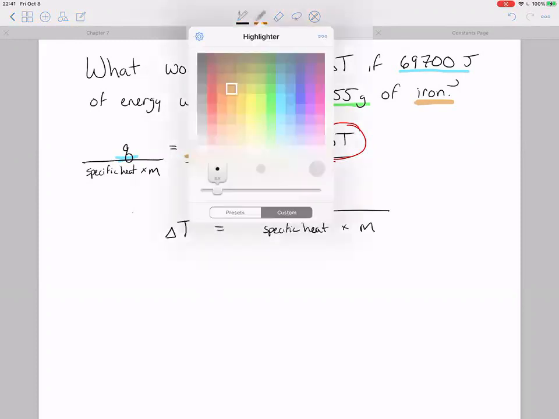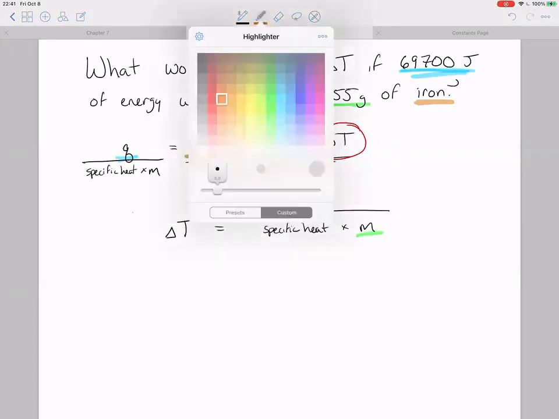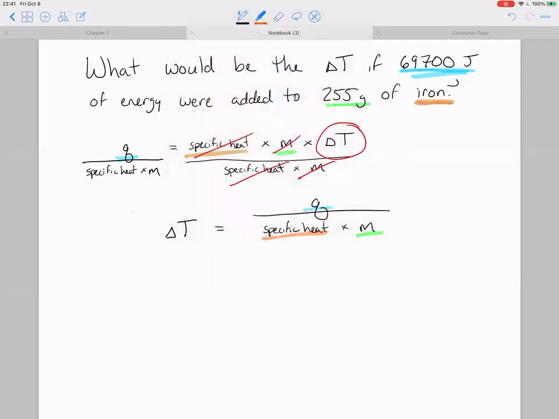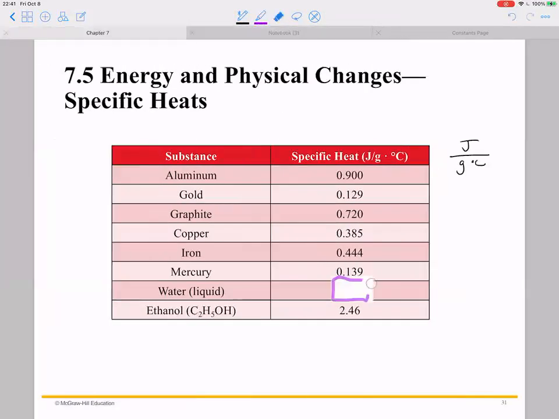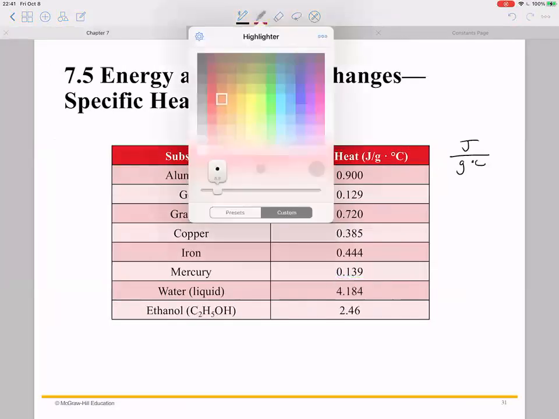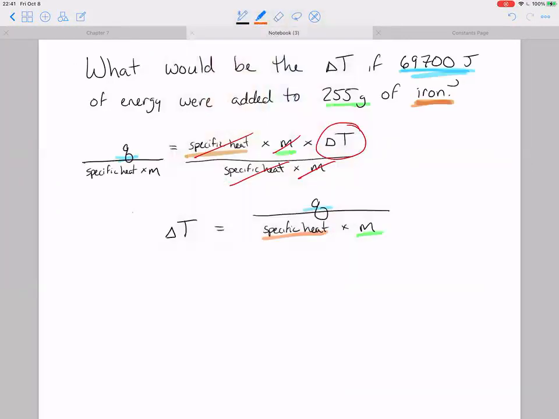And again, the Q is given, that's that 69,700 joules. The mass is given, that's that 255. And the specific heat I'm going to find from the fact that I was told that it's iron. So we have to go back to our table and see that iron has a specific heat of 0.444 joules per gram degree Celsius.